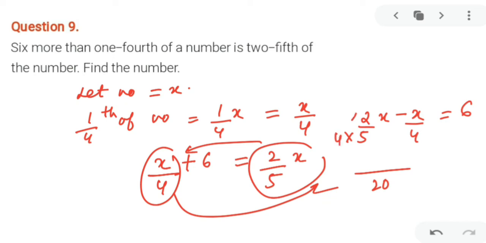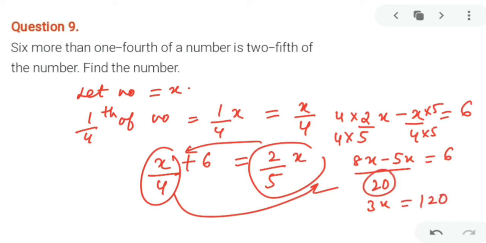So you have to multiply 4 here and 5 here. So that will be 8x minus 5x upon 20 is equal to 6. From there you will get, I'll take this 20 here in multiplication with 6. So I'll get 3x is equal to 120 and x is equal to 40.